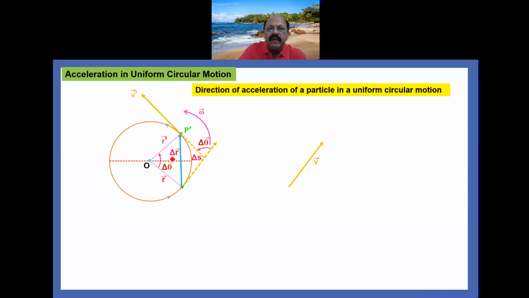So this velocity v we have taken here. Similarly we take this v dash here also, and the angle between them is delta theta. Then this is the resultant, delta v vector, which is perpendicular to this delta r vector.